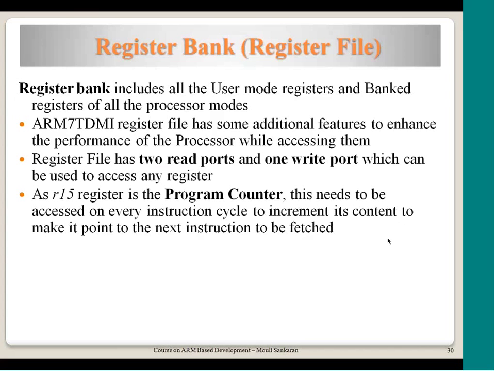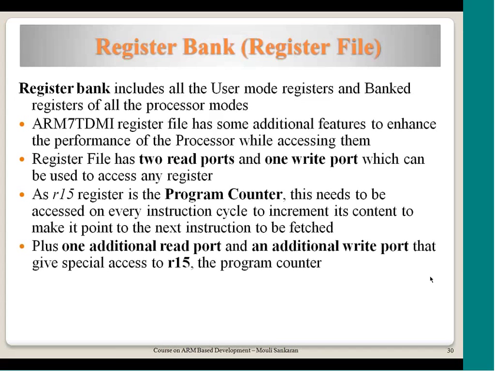And if you remember, R15 is also part of the register file, and it is special purpose. It's the program counter. Now you know very well that when the program executes, it has to increment the program counter and keep accessing the instructions from subsequent sequential addresses in memory. Where does it have to be written?